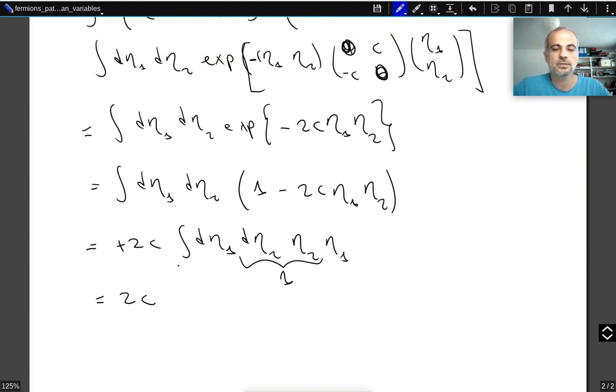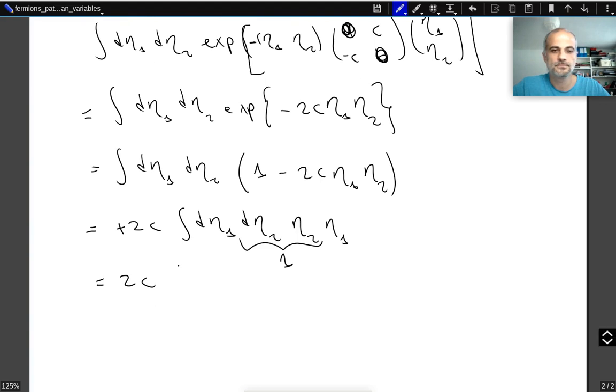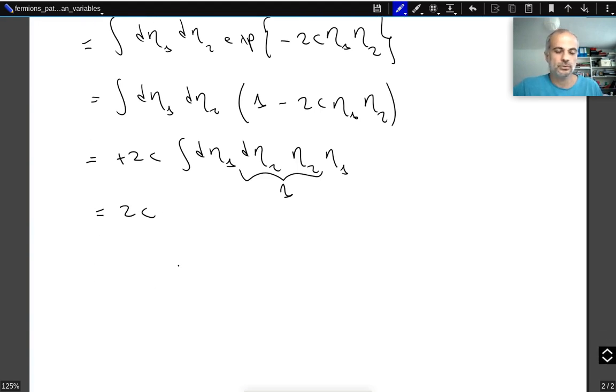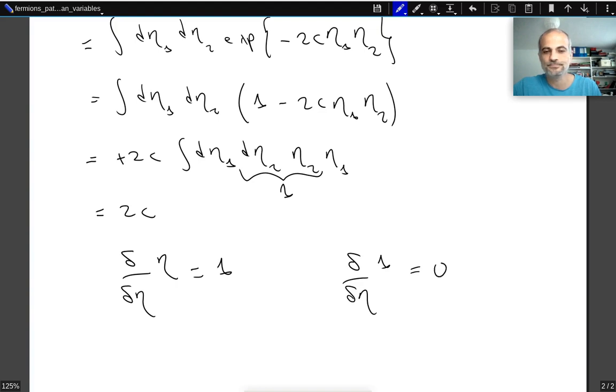And similarly, you can just evaluate other integrals. Now, we also will need the derivatives. The derivative of eta with respect to eta will again be 1, and the derivative of 1 with respect to eta will be 0.